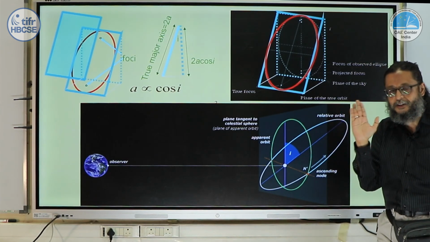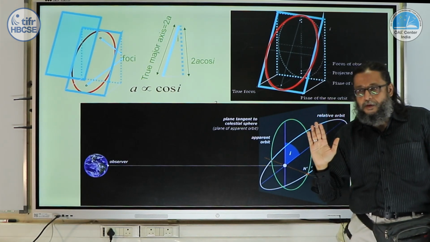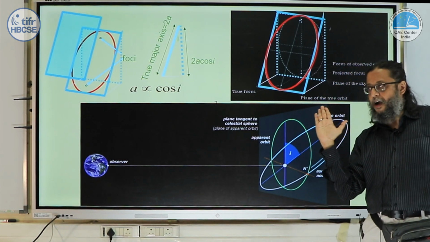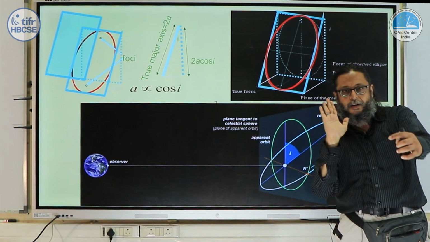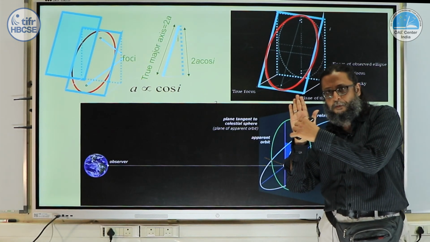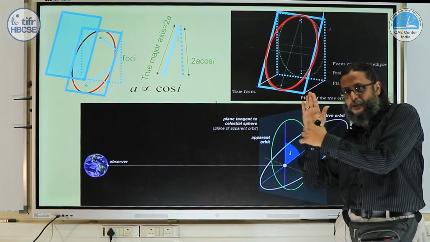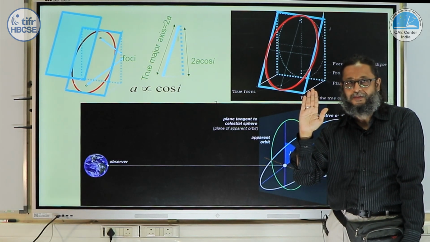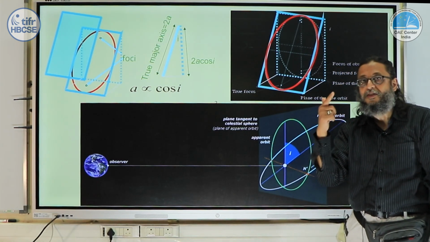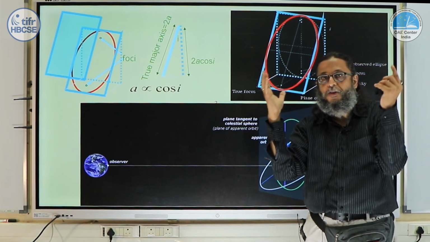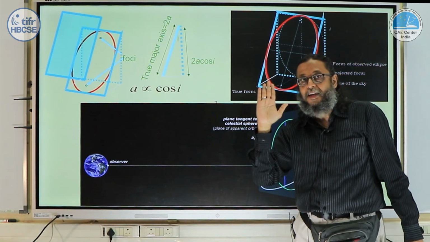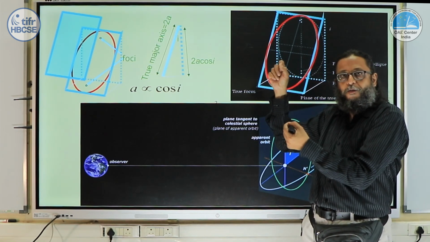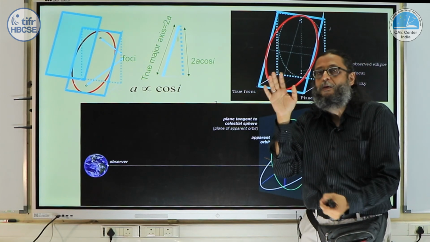Mind you, it is very, very important to understand that when I have a rectangular plane, we are assuming here it is oriented along this direction to the observer, but it can be oriented like this also. So that changes the orientation of the ellipse, and this is the angle of inclination. So basically, you have to understand the whole concept of 3D rotation, the Euler angles, and only then will you be able to get the proper positioning of the foci after transforming from what you observe.